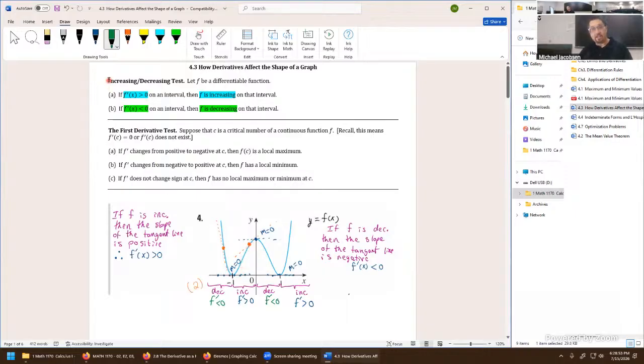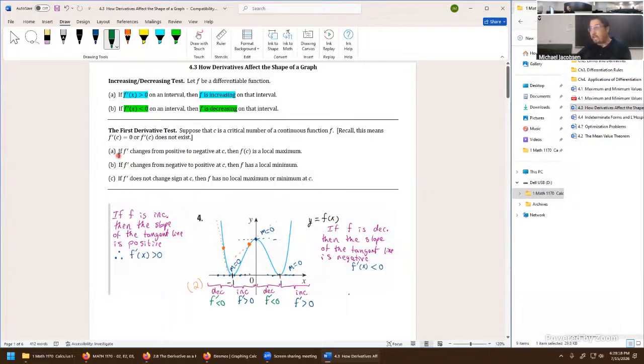So that was the entire content of the increasing, decreasing test, but it also gave us something new as well. The first derivative test says, well, there's a local minimum right here. It's also an absolute minimum, but it happens to also be a local minimum. There's a local maximum here, and a local minimum here, tied with an absolute minimum.